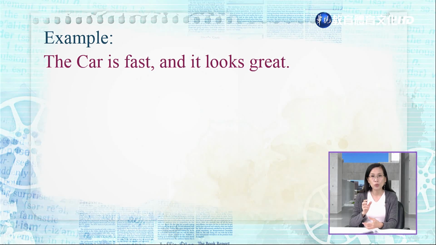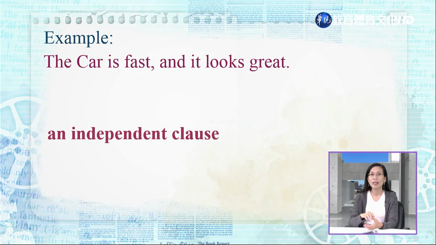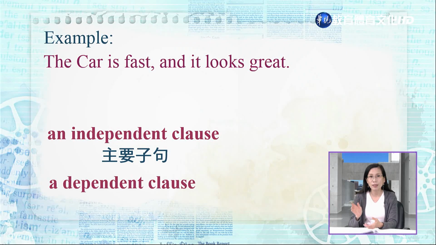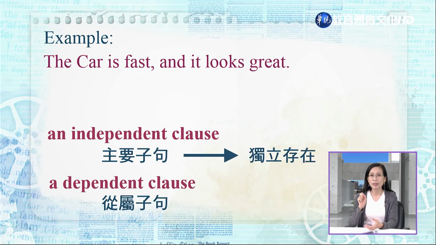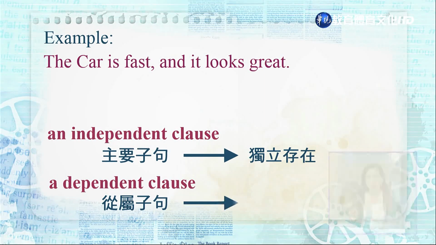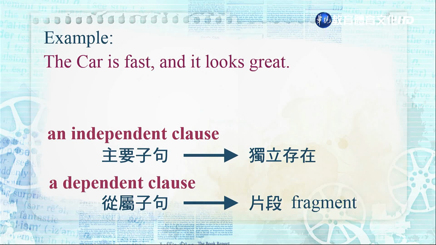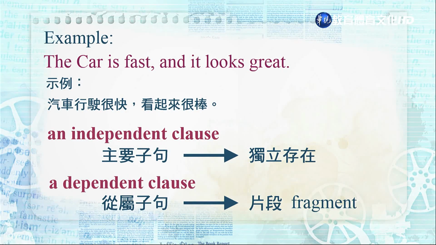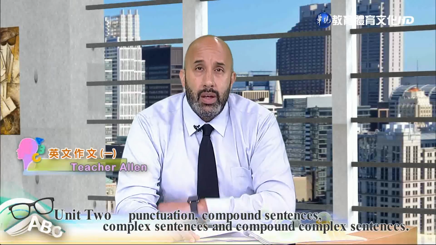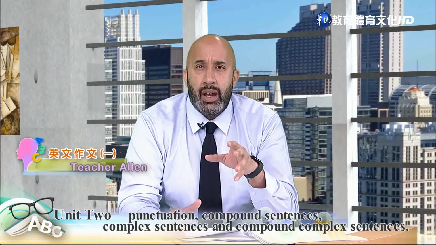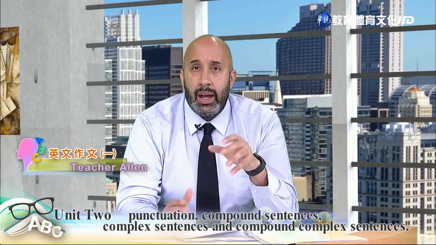好,那我们要注意的是,这个主要子句或是独立子句叫做 an independent clause,那从属子句叫做 a dependent clause。那主要子句呢,它是可以独立存在的,那但是这个从属子句呢,它就不能够独立存在。那我们就可以视为是一个句子的一个片段,就叫做 fragment。那我们来看一下呢,带有这两种主要子句的这种复合句子,例如说呢,汽车行驶得很快,看起来很棒,这两个句子是可以独立存在的。 So these two sentences could stand together or on their own and joined by a comma.